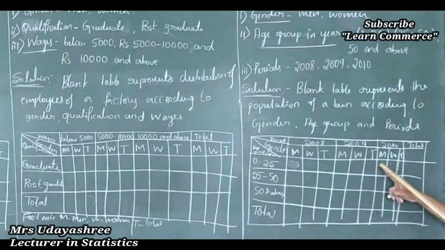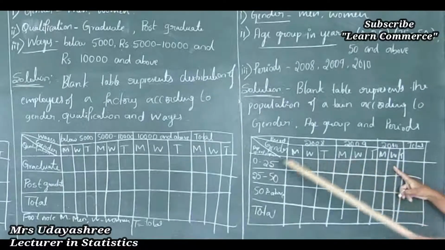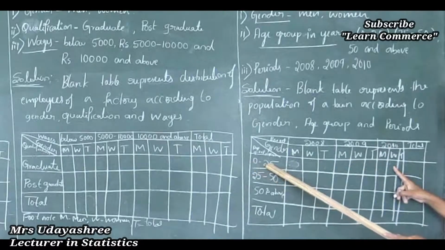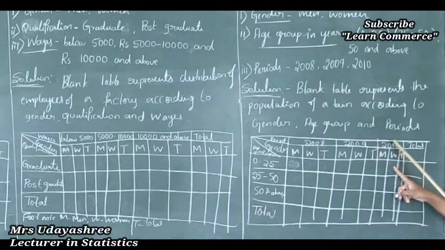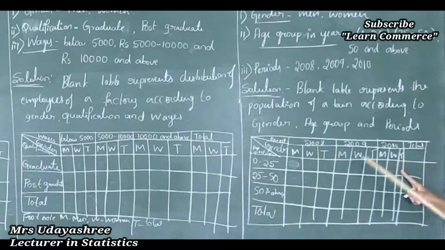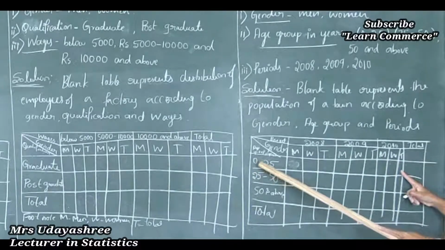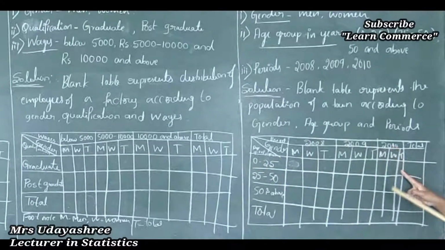the men population in 2010. Like that this cell indicates the age group between 0 to 25, the women population in 2010. Like that this one also, the total number of population in the age group between 0 to 25 in the year 2010.